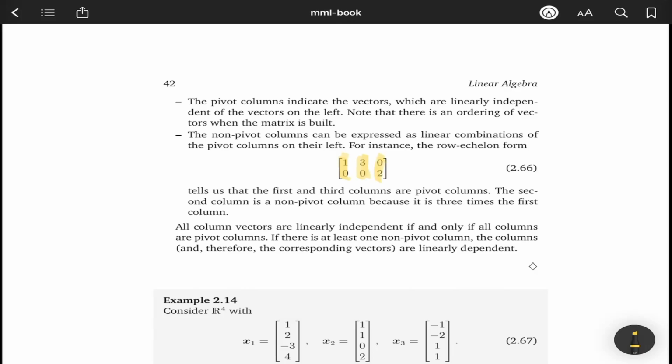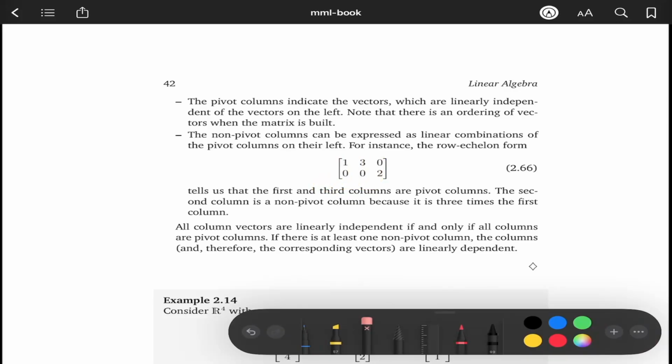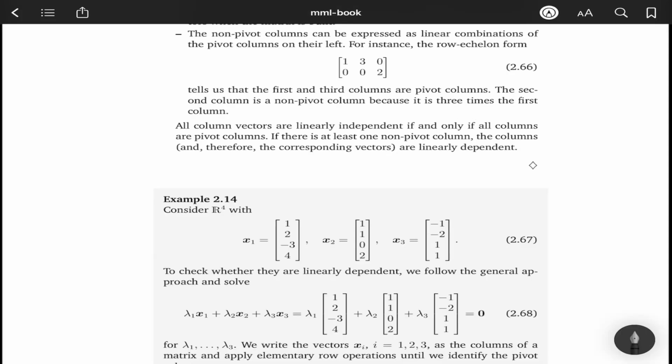And that one is linearly independent of both of those to the left, because the 2 only has zeros on the left. So there's no way you can construct it by adding or scaling. And to conclude, all columns are linearly independent if and only if all columns are pivot columns. That makes sense.